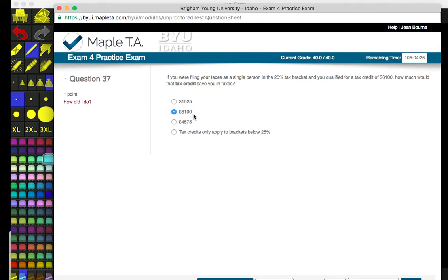The tax credit, you get all of that back. So that's the difference. The tax deduction, you're only going to get 25% of that off, depending on what tax bracket you're in. But if it's a credit, it comes off at the end after you've already calculated your taxes. So just be aware of the difference between those two problems.